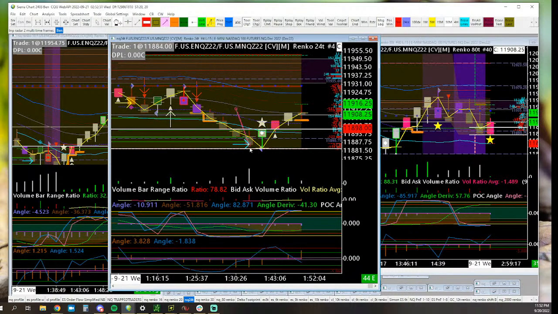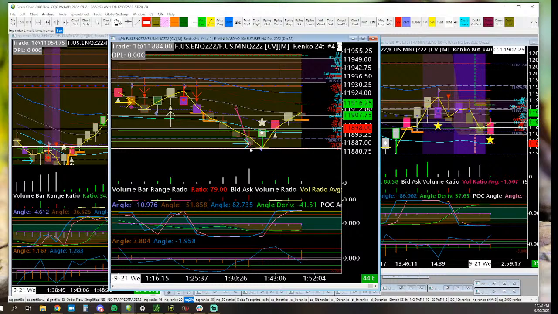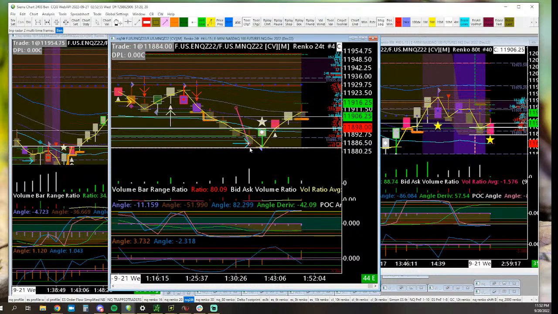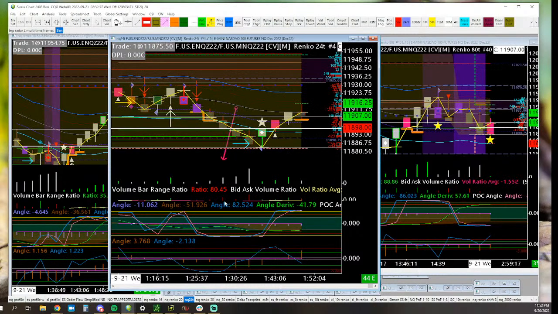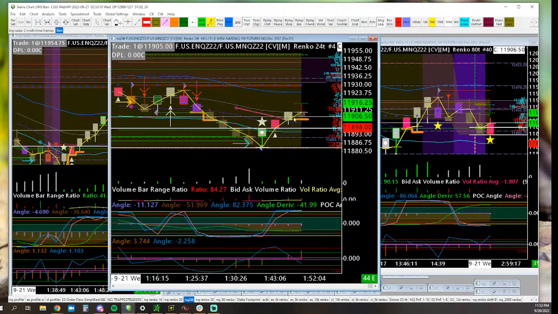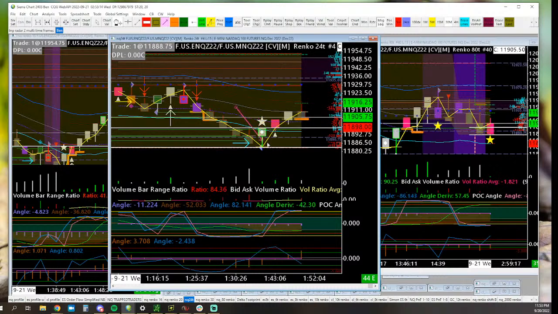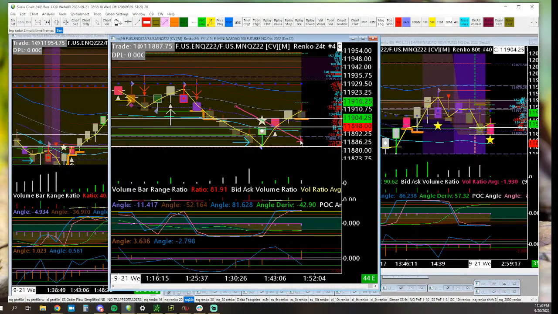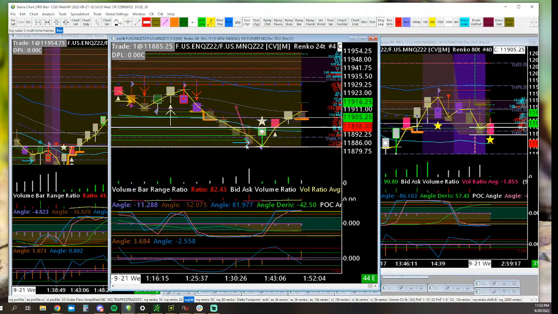Like, am I always that conservative? No. But if I have any doubt that my direction or location is ideal, I am, especially with NASDAQ, but even with the S&P, it rotates so often that the idea that I'm not going to get another entry inside of this zone, most of the time you will.